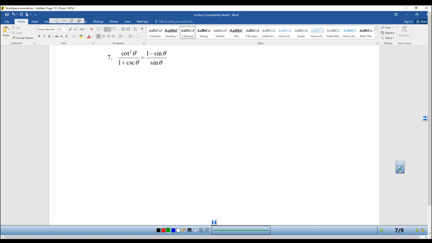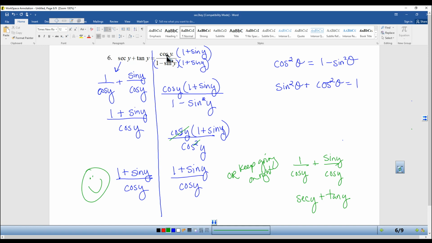Okay, last one on this first section. So I see a couple places where I could multiply by a conjugate, but the difference is that on the earlier one I had a cosine and a 1 minus sine, and I knew if I multiplied by the conjugate, I'd have a sine squared that I could change to a cosine, which would cancel that cosine.